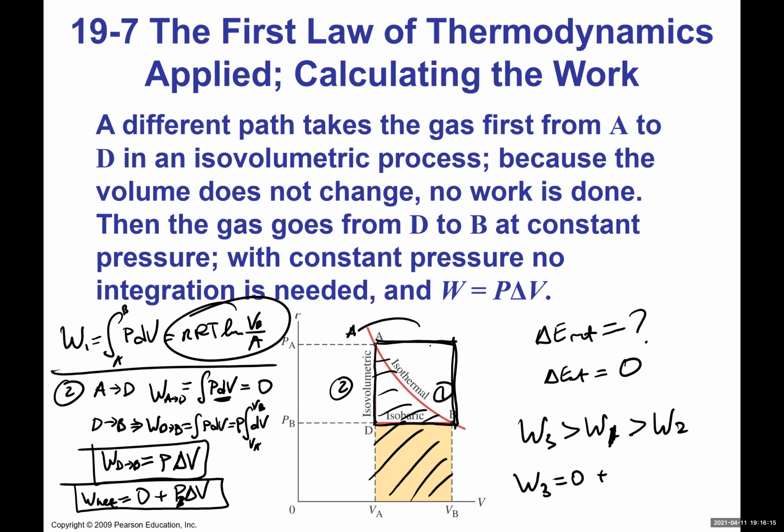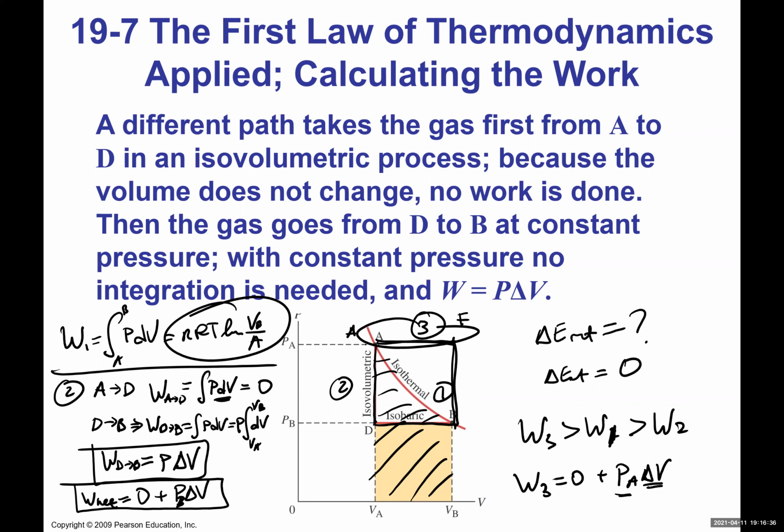But then work done from A to F will be PA times delta V. Since delta V is still the same, but PA is higher than PB, you can see you're going to do more work for that path three.